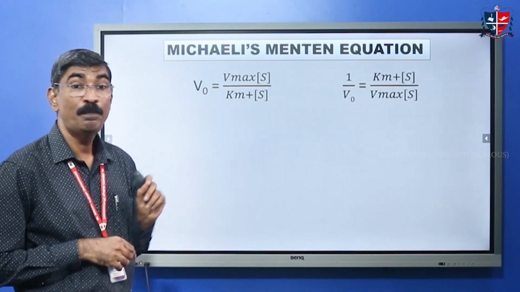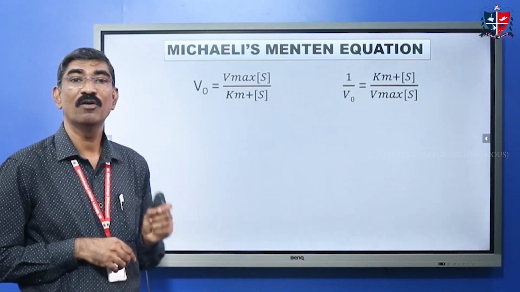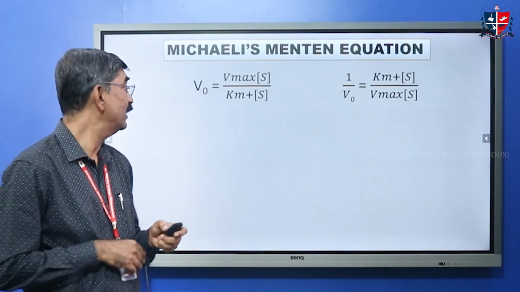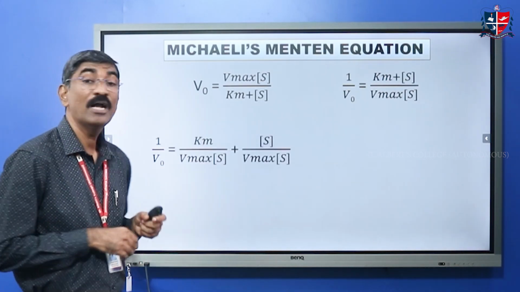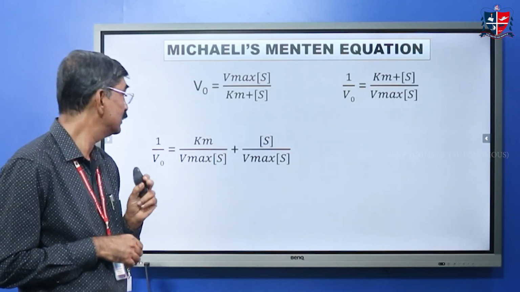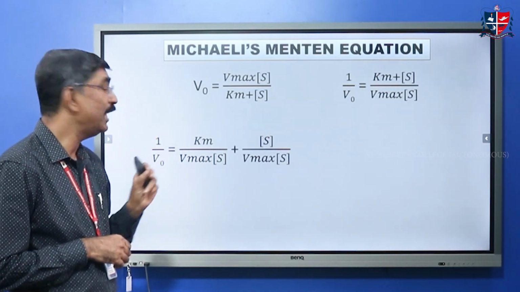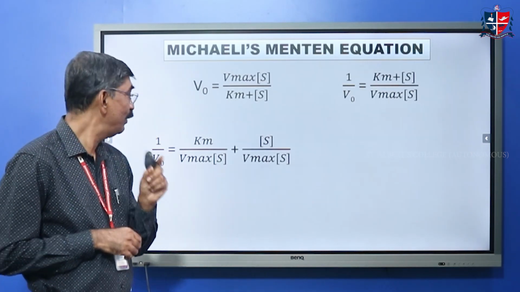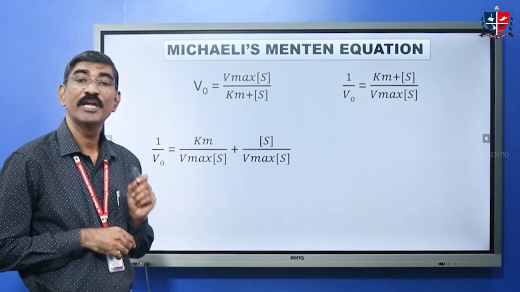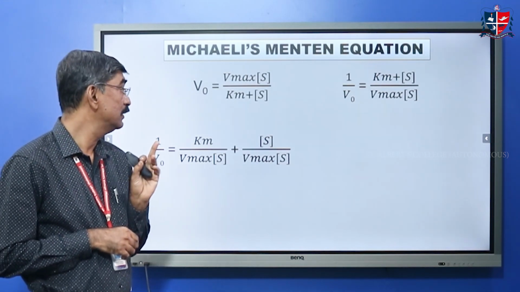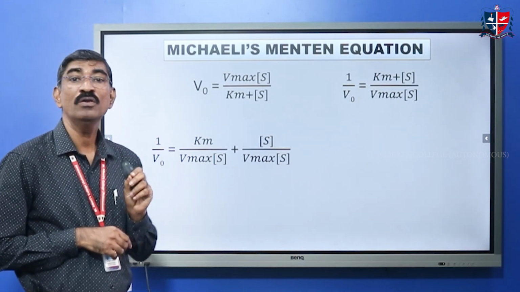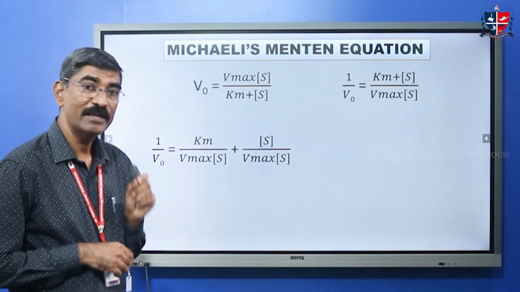Now let me split the right hand side of the equation. Then you will get 1 upon V0 equals Km by Vmax times substrate concentration plus substrate concentration upon Vmax times substrate concentration.